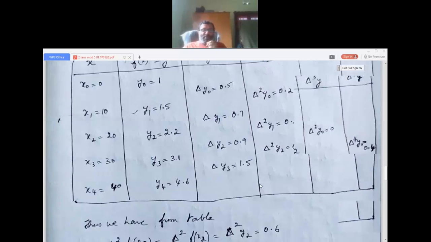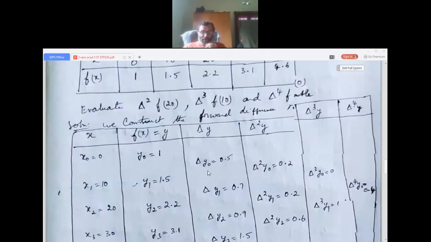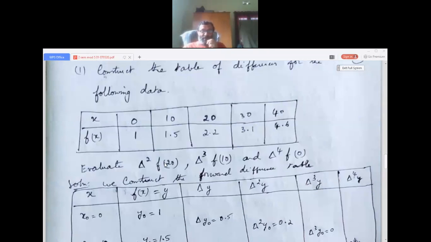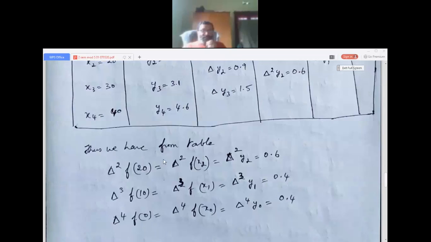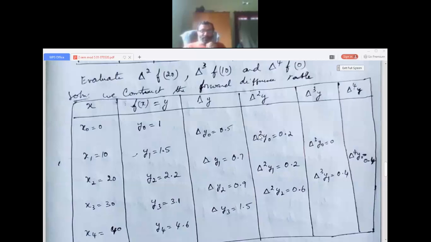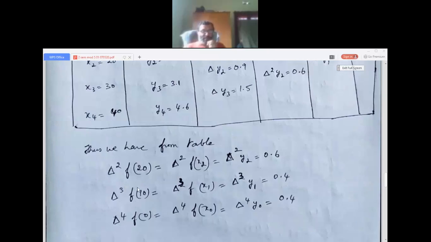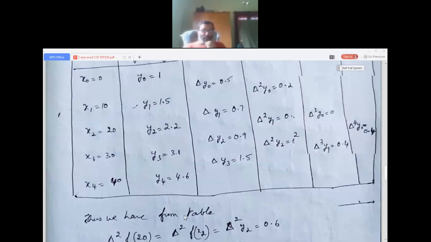Now, from the table I have to find del squared f of 20, del cubed f of 10, and del 4 f of 0. First, del squared f of 20: 20 is x2, so I write del squared f of x2.